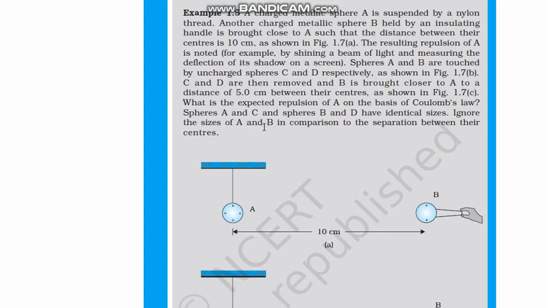Ignore the sizes of A and B in comparison to the separation between their centers. So again we are ignoring the size of A and B, so we can consider them as point particles, as we have discussed that in Coulomb's law the particles should be point particles. So the distance is first 10, then touched, and then the distance is reduced.